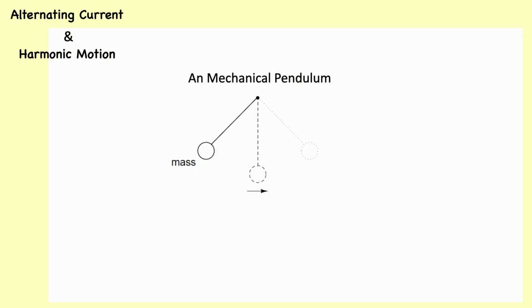This is similar to the motion of a mechanical pendulum that at the bottom of its swing has zero potential energy but is at a maximum of kinetic energy. As it swings to the right, it starts to slow down, losing its kinetic energy, but as it rises, it builds its potential energy until it reaches a maximum height, at which time it reverses motion and starts in the other direction.